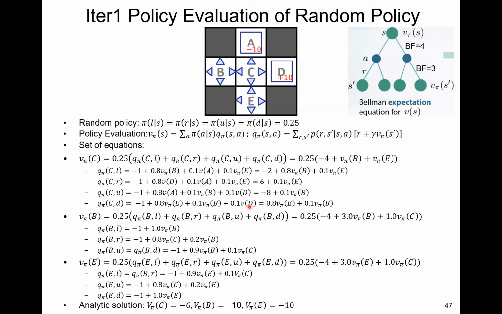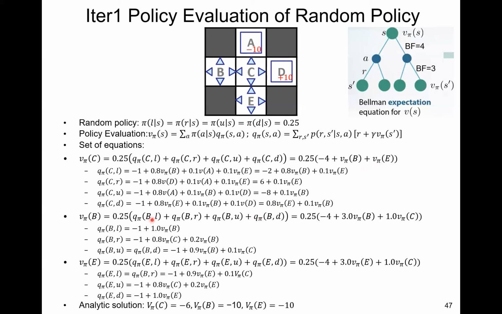And going down, you get this expression. If you plug all these terms into the Vpi C expression, you get this. So Vpi C is expressed in terms of Vpi B and Vpi E, its neighbors.